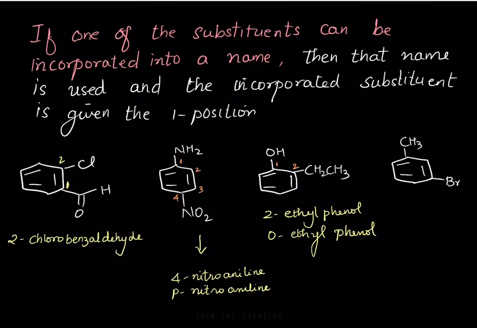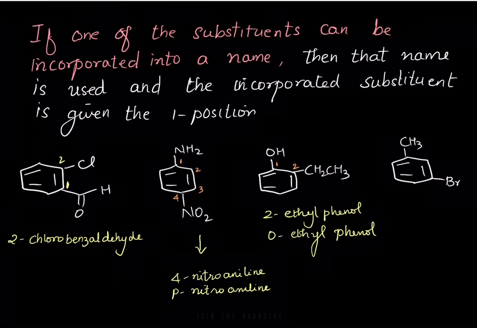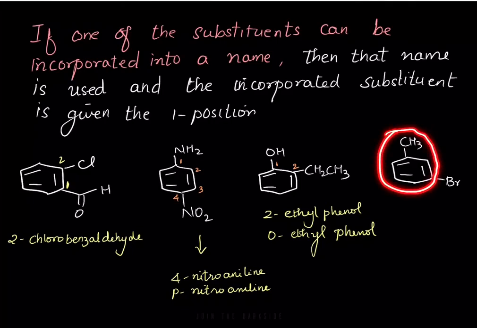Okay, next, last one. When you have a methyl group on a benzene molecule, it's actually called toluene. This part right here is toluene. Okay, so just for toluene, you're going to call it methylbenzene. You're not going to use the name toluene. Okay, that's just an exception.